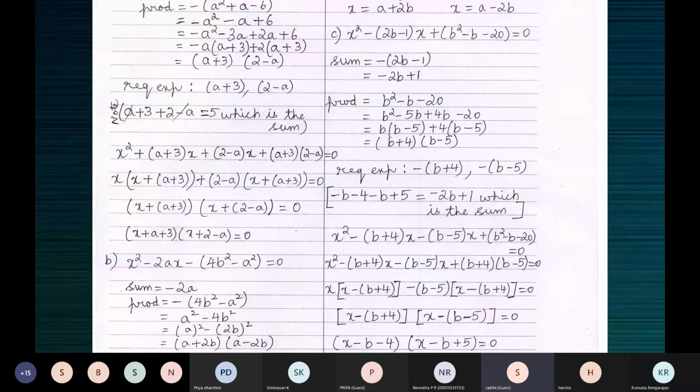Instead of multiplying that minus into 4b square minus a square, I kept it like that and directly factorized them. So I got minus into a plus 2b and a minus 2b. Yes, it looks right. I can see the answer here. You share a picture of your answer, let me see if you've split the middle term.